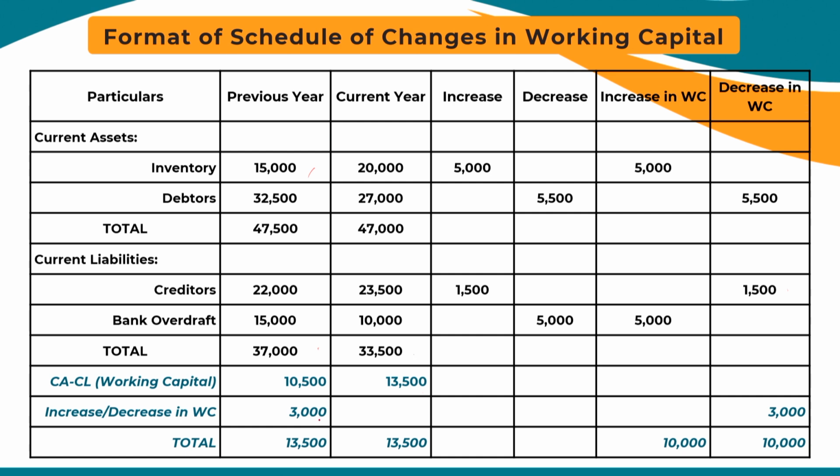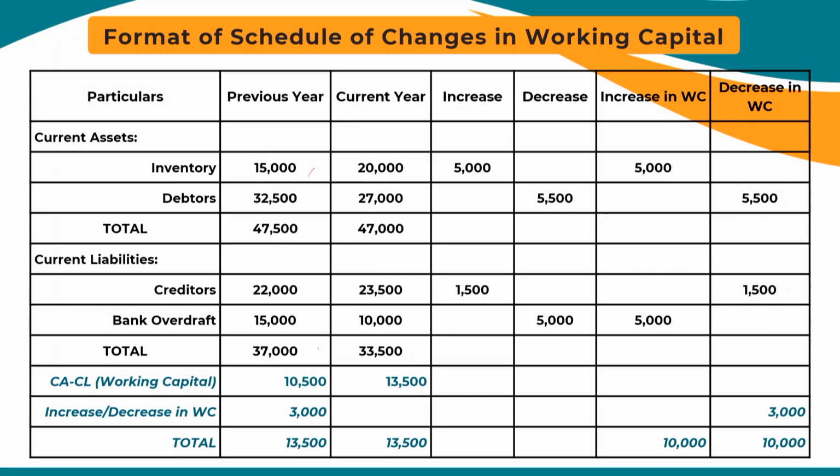Now, the same is made a mention in the format under the increase or decrease in working capital and the totaling is equalized. Coming back to the last two columns where increase and decrease in working capital is mentioned, here we are there to make the sum total of all the increases in working capital, it is coming to 10,000, and we are there to make the sum total of all the decreases in working capital, it appears 5,500 plus 1,500, that is 7,000.